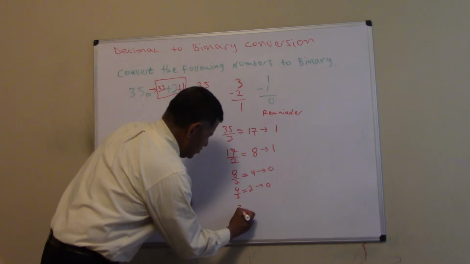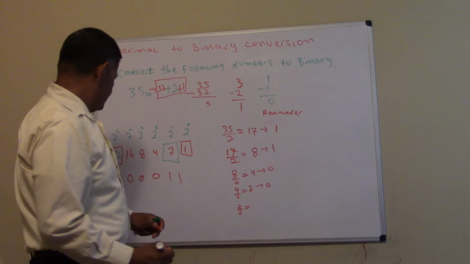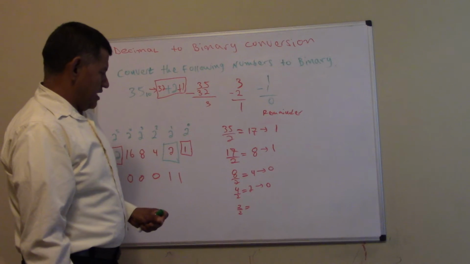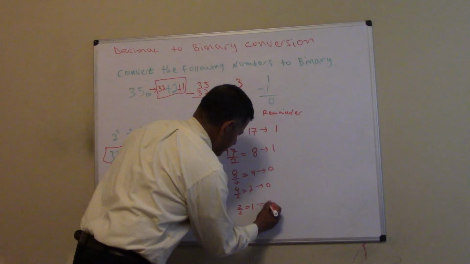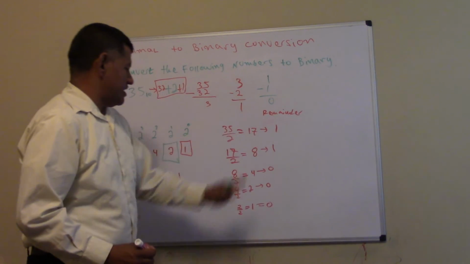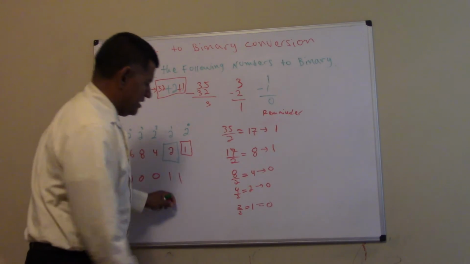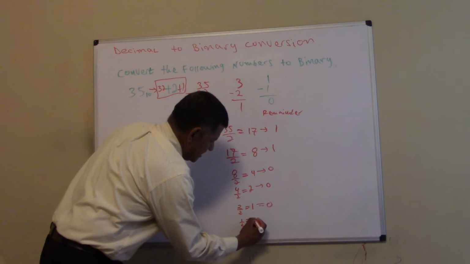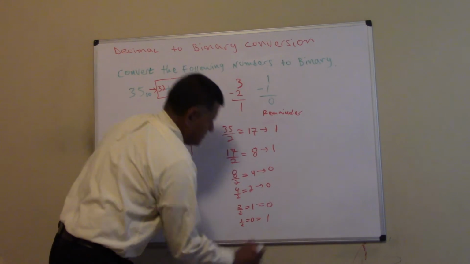And then 2 over 2 is equal to 1, but here we have to be careful. It goes 1, but the remainder is 0 again. Then the last one, I got 1 divided by 2, which is 1/2, but you want to write it as: it goes 0 times, but the remainder is 1.